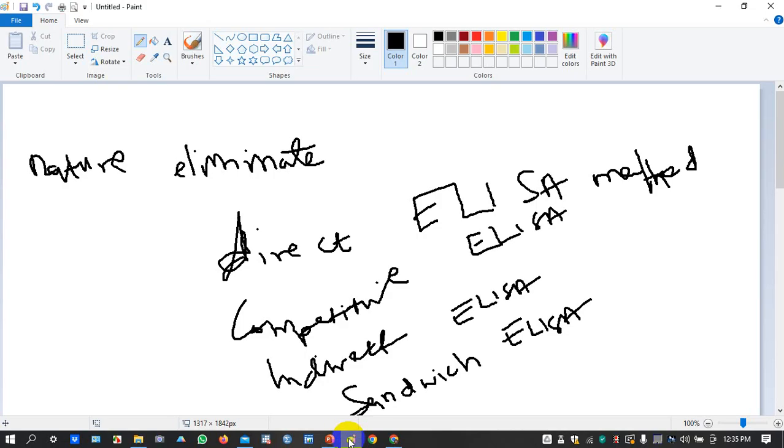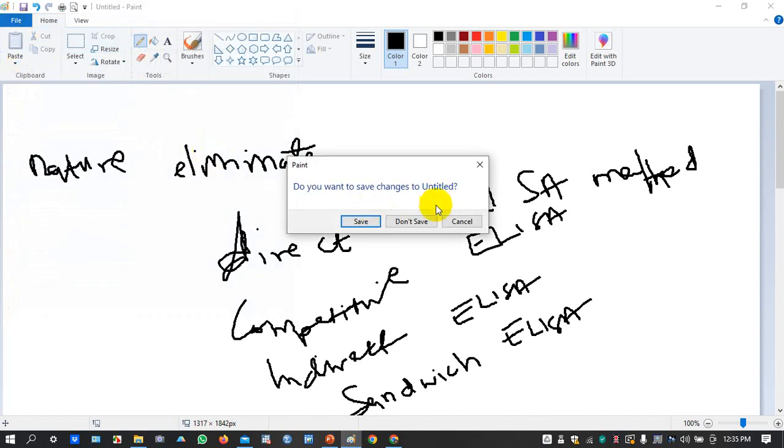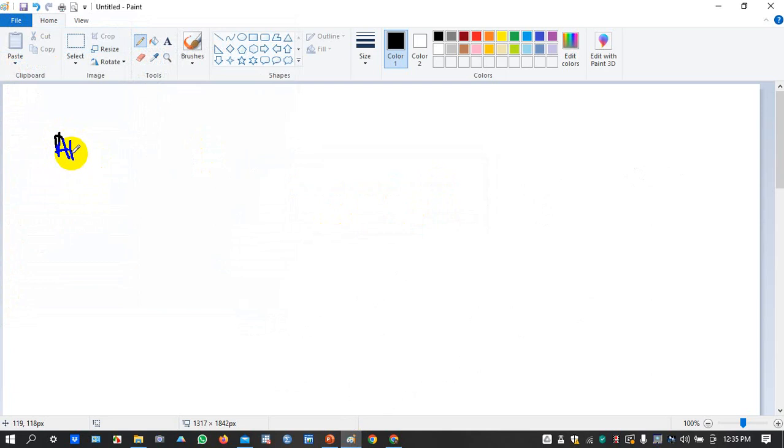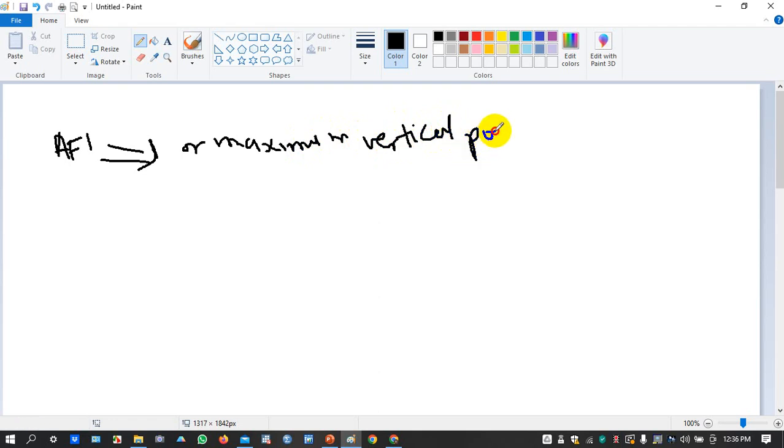Most of the time when we are doing ultrasonography, we look for the amniotic fluid index, or AFI, or the maximum vertical pocket. We look for AFI, amniotic fluid index.